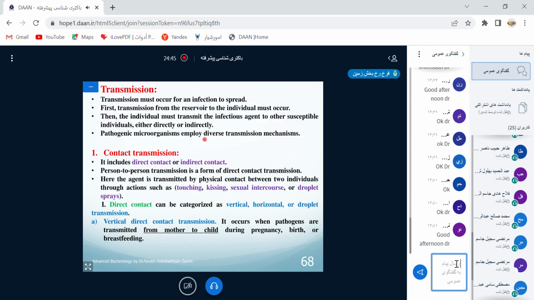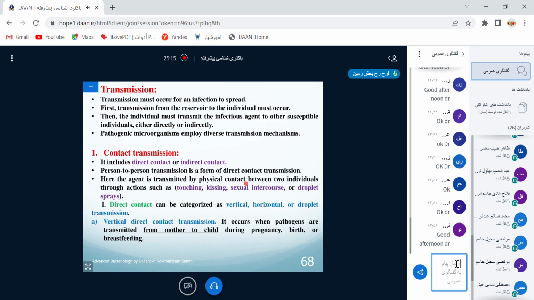Pathogenic microorganisms employ diverse transmission mechanisms. Contact transmission includes direct contact or indirect contact. Person-to-person transmission is a form of direct contact transmission.